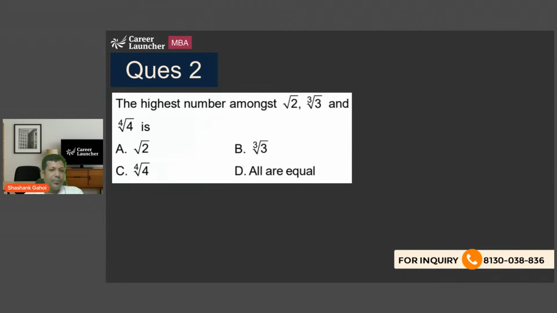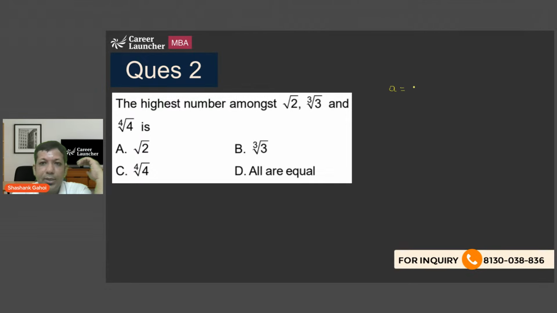The highest number among root 2, cube root of 3 and 4th root of 4. This question is a very standard question. It has been asked in multiple exams. Not today's question, it's an old question, but it has been asked in multiple exams.